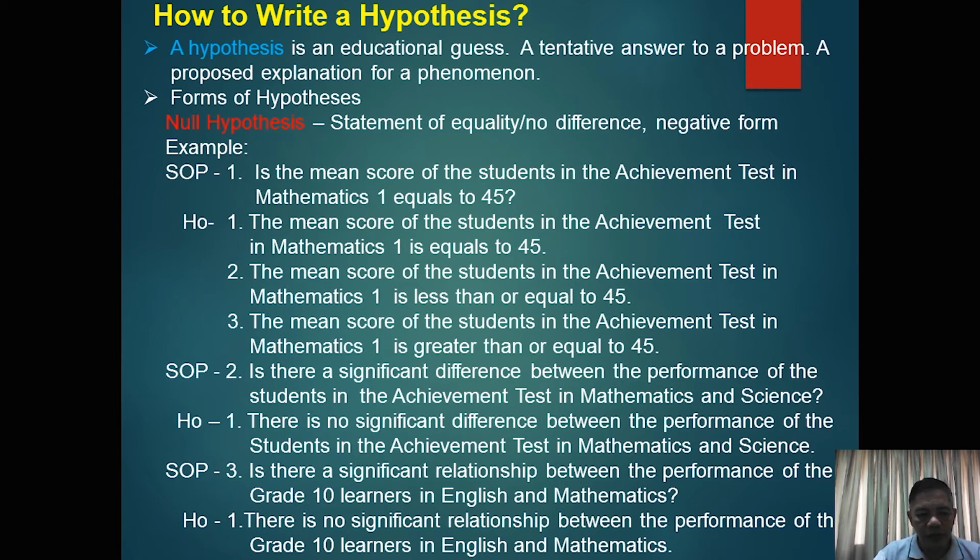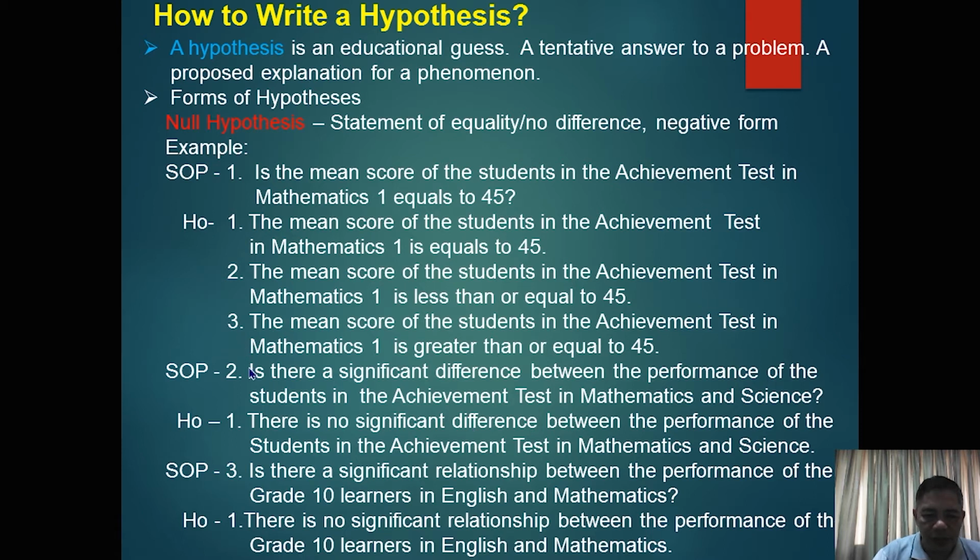For the statement of the problem number 2: is there a significant difference between the performance of the students in the achievement test in mathematics and science? H0, null hypothesis: there is no significant difference between the performance of the students in the achievement test in mathematics and science. So what happened?